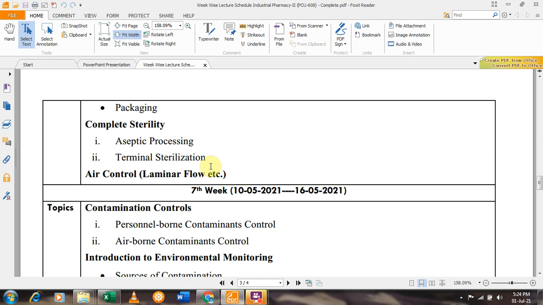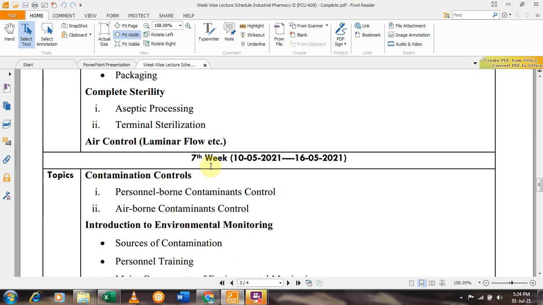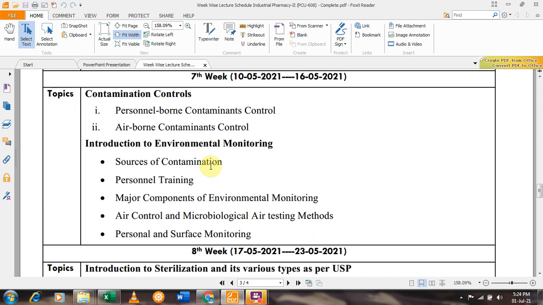air control, including laminar flow hood system, that is vertical and horizontal airflow system, contamination controls, and in that particular contamination control we discuss in detail the topic of personnel-borne contaminant control as well as airborne contaminant control.